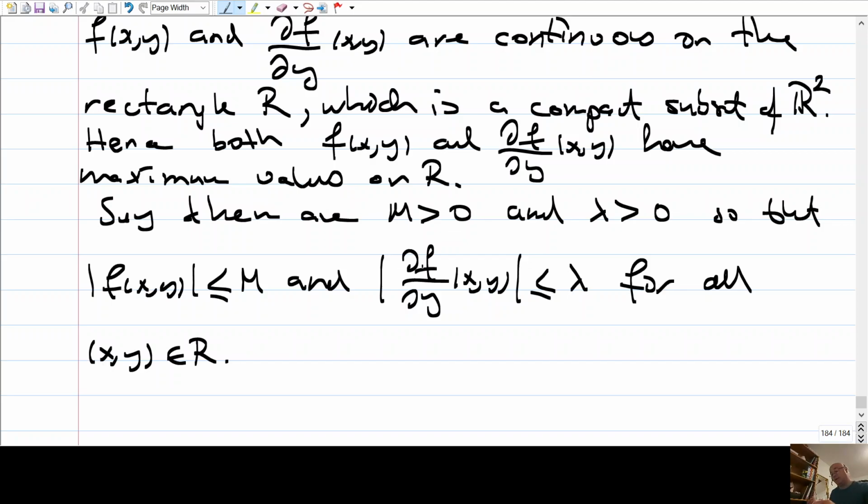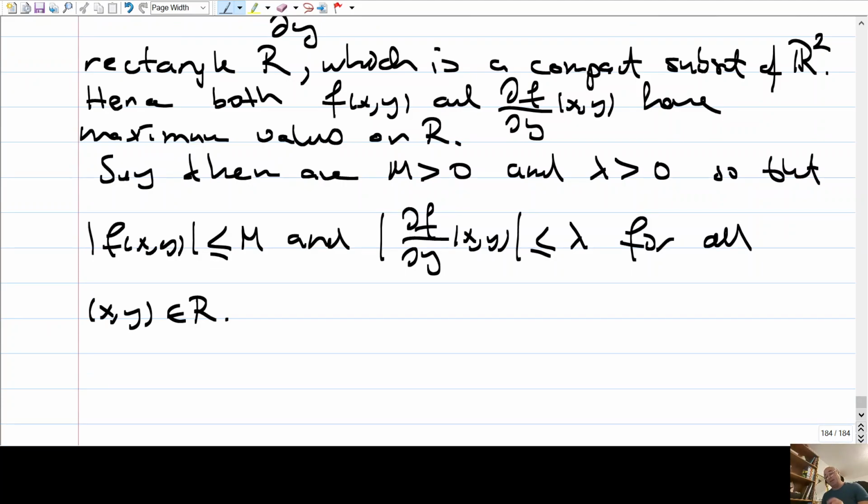Both are bounded functions because they have a maximum value. I just look at the absolute value function. These are always non-negative, but they are bounded from above. Let's say that bound for f is m, and for del f del y, that bound is lambda. So you see how we make use of the concepts we have built up so far, right? Compactness and so on.